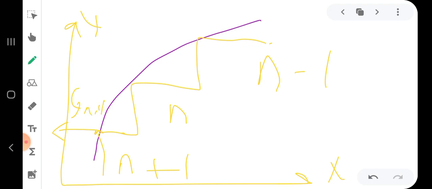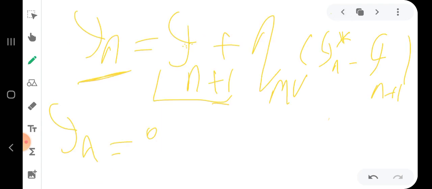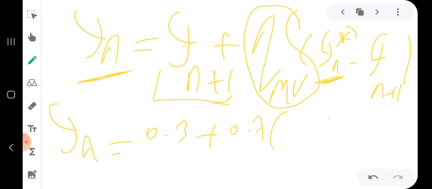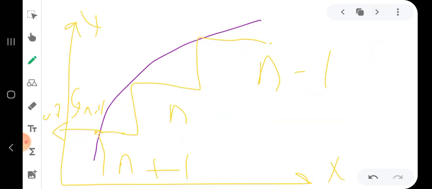So this will be yn plus 1. For example, if it is 0.3, you substitute 0.3 here, plus, suppose it is determined that the Murphree vapor efficiency is 70%, which is 0.7, multiplied by yn star. Again, star refers to hitting the equilibrium curve, but vertically.